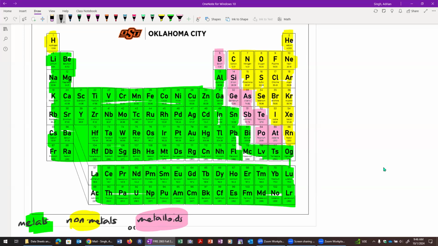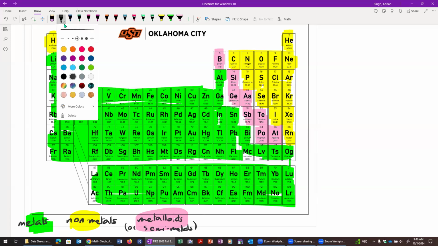Sometimes they're called semimetals. So the first general trend here that we want to note in the periodic table, I'm going to finish up this designation.